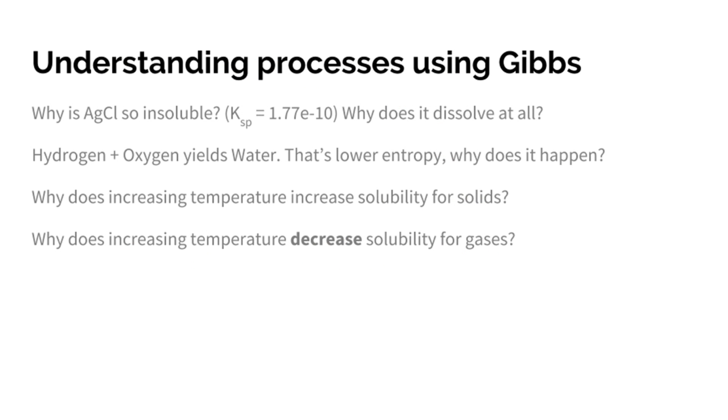Hydrogen plus oxygen yields water. That's lower in entropy, so why does it happen? Well, why do I say it's lower in entropy? Because you have 2 hydrogen molecules plus 1 oxygen molecule, that's the balanced reaction, yields 2 molecules of water. That's 3 molecules of gas going to form 2 molecules of gas.